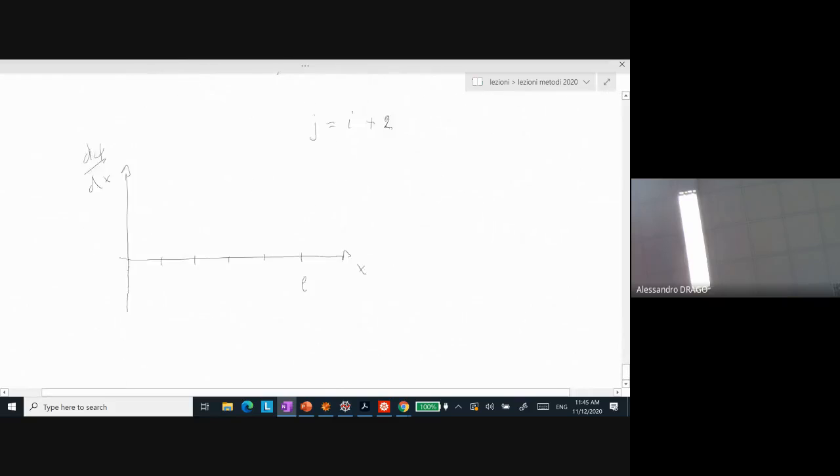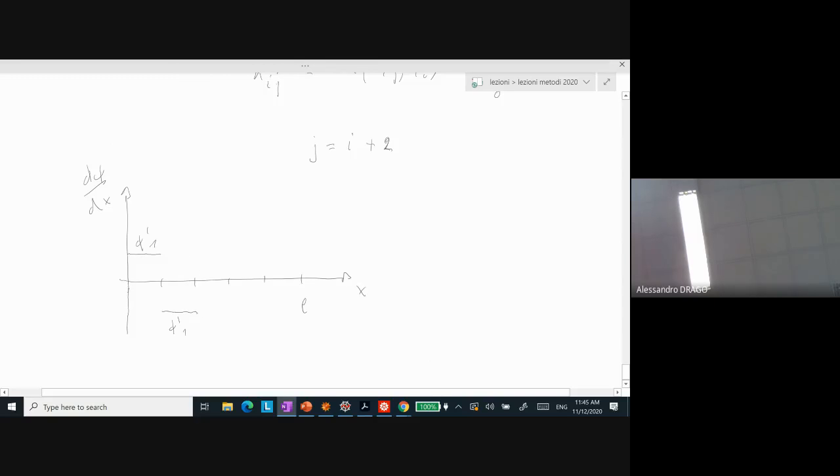So the derivative of phi 1 is something like this and like this. This is phi prime 1.